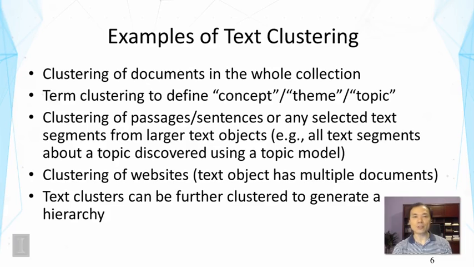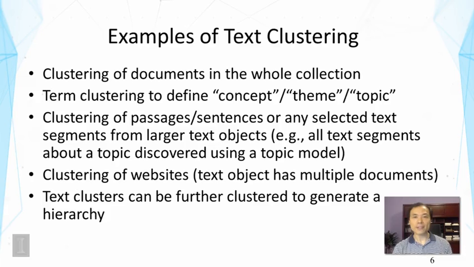Now, once we've got those text objects, then we can cluster the segments to discover interesting clusters that might also represent the subtopics. So this is a case of combining text clustering with some other techniques. And in general, you will see a lot of text mining algorithms can be combined in a flexible way to achieve the goal of doing more sophisticated mining and analysis of text data.